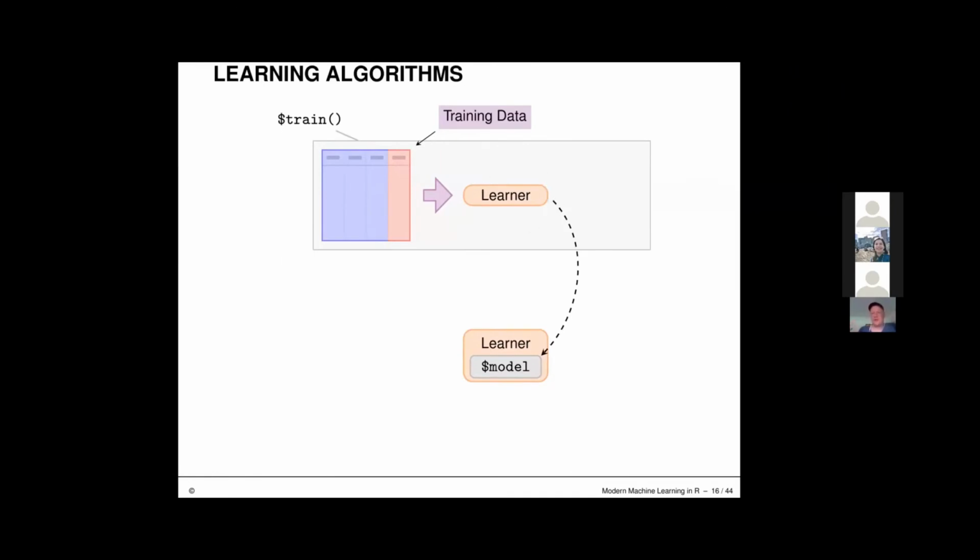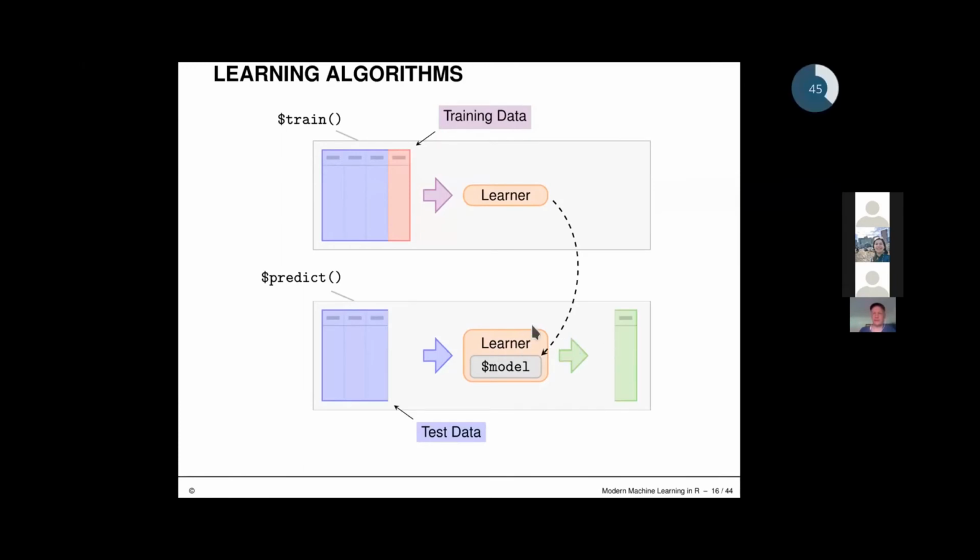It learns the parameters, its coefficients, right? And stores something internally, what we call the model. And then if we have another tabular data structure, we call the test data, we can provide it to the learner. What we get from the learner now, based on the learned model, is a prediction. So this is the estimate for the target variable, right?